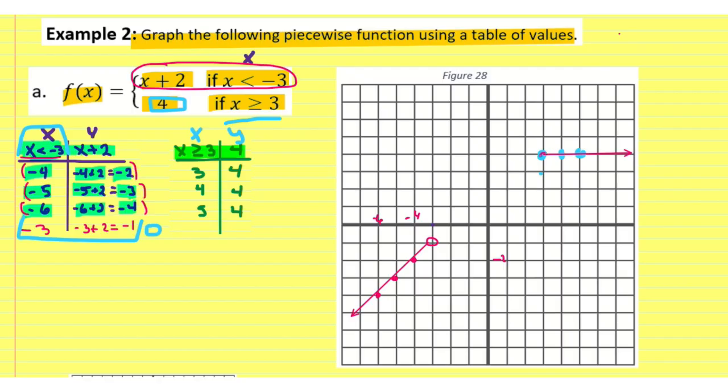And like I said, this one is a closed circle. This one's an open circle. So that is our piecewise function. This is the first piece right there, and this is the second piece. Okay, so that's how we would graph it using a table of values for each piece of the piecewise function.